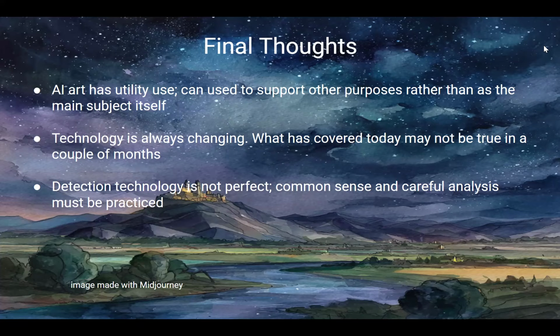And a final note: detection technology is not perfect. When you're dealing with images, especially ones you find on the internet or on social media, common sense and careful assessment must be practiced. This goes for anything you find on social media, any news piece, any blog post you come across. You always have to be aware that these might not be real, or might not be created by people who have your best interest in mind.